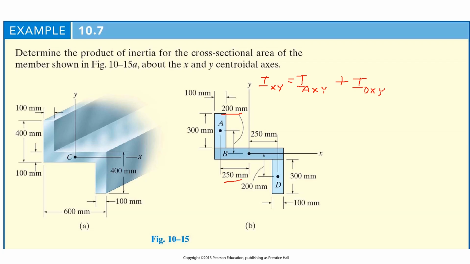And just like before, the product moment of inertia about the center of mass of both A and D are 0 because the center of mass is on a line of symmetry.